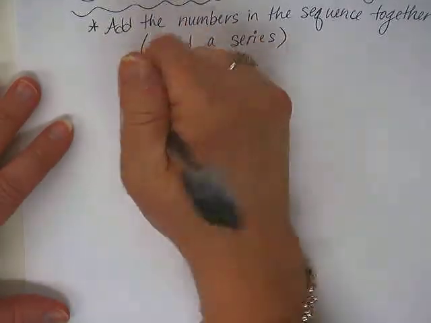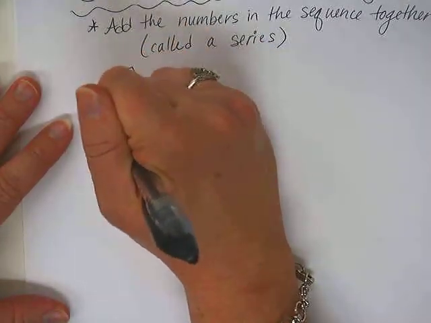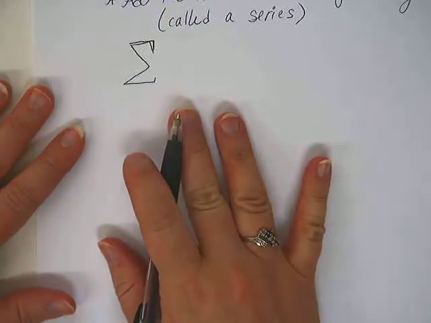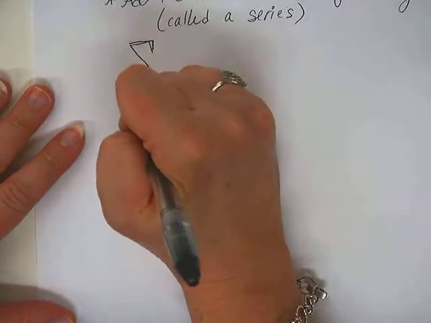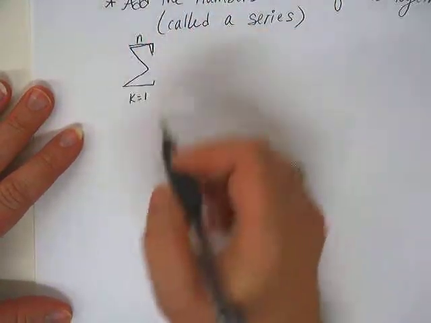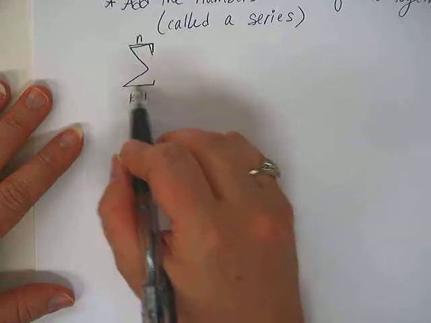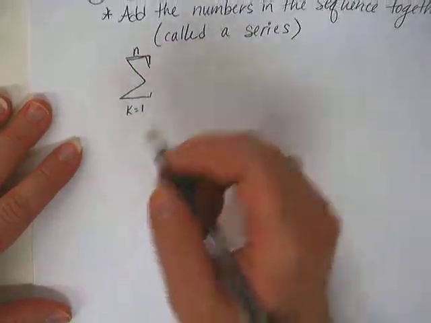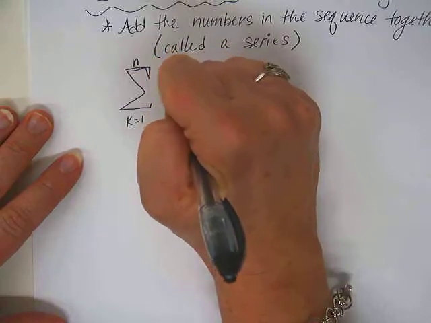Okay, so here's what the notation might look like with this Greek letter sigma. Again, we have an index number of sorts that tells us where to start and end. This is the number where we start. This is the number where we end when we're adding these numbers together.